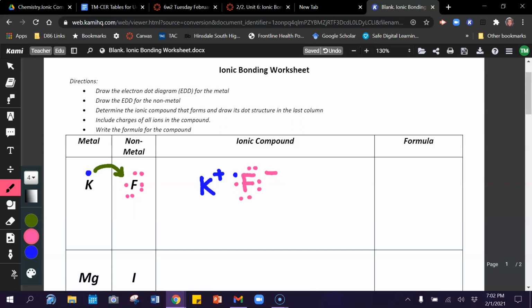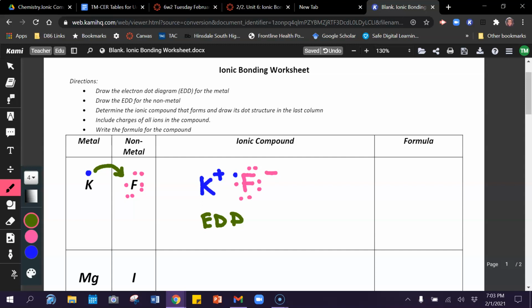And these two atoms here are now ions. These two ions are oppositely charged, and so they're attracted to each other by the electromagnetic force. So this is the electron dot diagram for a compound that's made between potassium and fluorine.